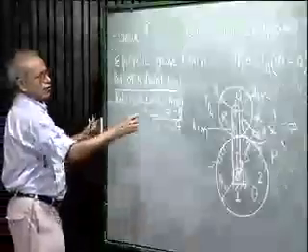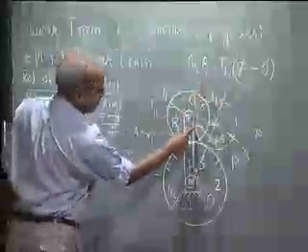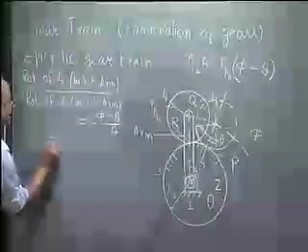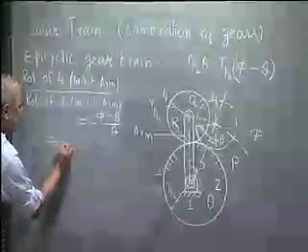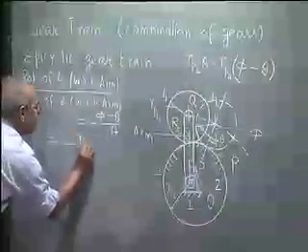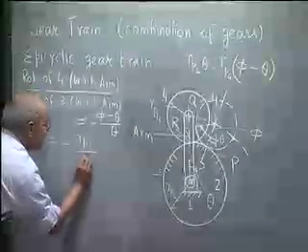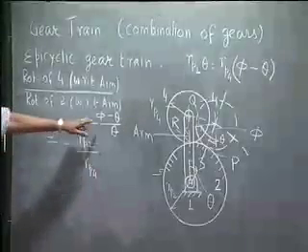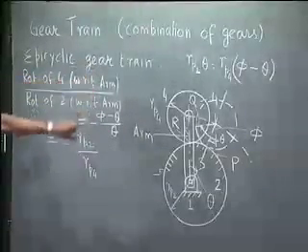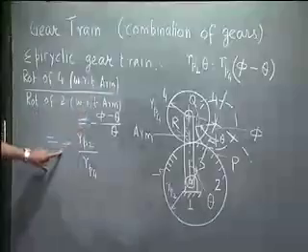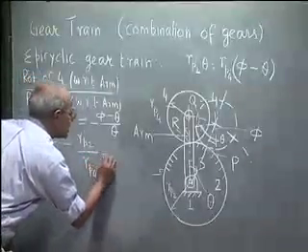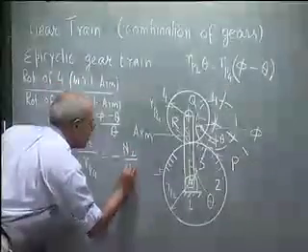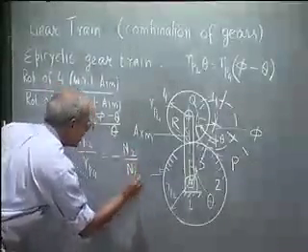So from this equation, which I got by having these two arc lengths the same, this is equal to minus RP2 by RP4. And this is the same as minus the number of teeth on gear 2 divided by the number of teeth on gear 4.